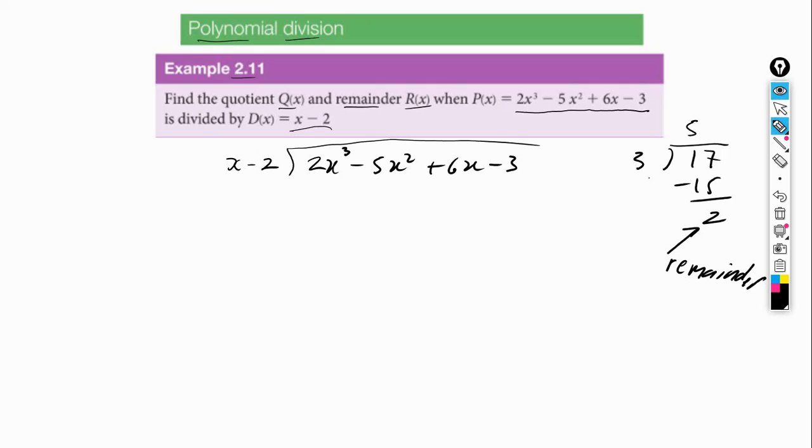This here is the quotient, let's just call it Q for now, and this is the divisor. That's why they identify them as Q of x, D of x, and remember the remainder, R of x.